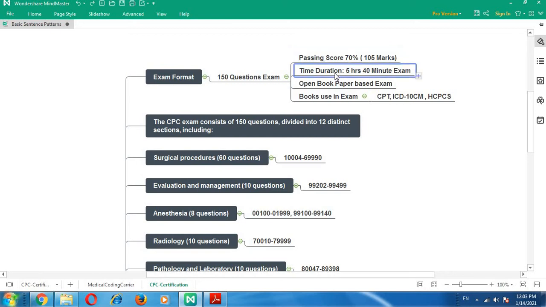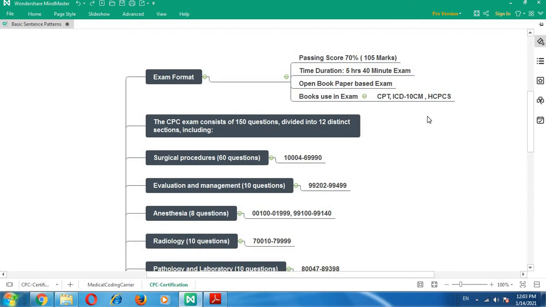The total time duration for this exam is 5 hours 40 minutes, and it's an open book, paper based exam. So any CPC aspirant needs to use three books. The first book is CPT, the second is ICD-10 CM, and the third is the HCPCS book.